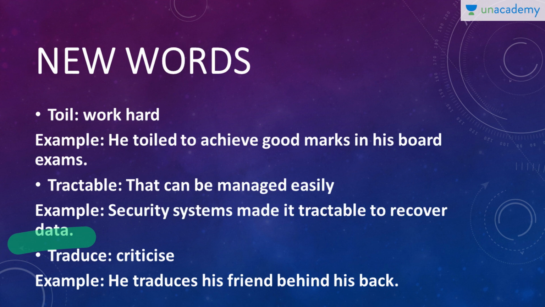So whenever we lose our data, whenever we damage the data because of any improper management of data, our security systems, our recovery systems are so strong that they make it tractable to recover the data. Therefore, this sentence means security systems made it easy to manage to recover the data.